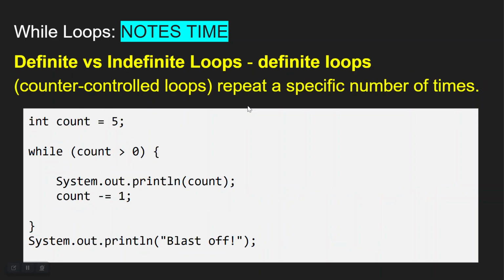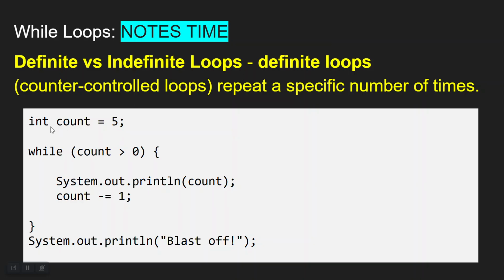And there you go. As far as our terminology is concerned, you have what are called definite loops, and then you have what are called indefinite loops. And a definite loop is what we would call a counter-controlled loop, which means it repeats a specific number of times.